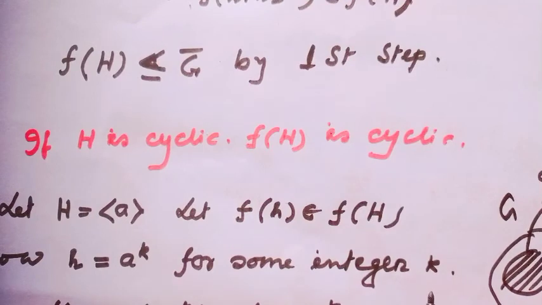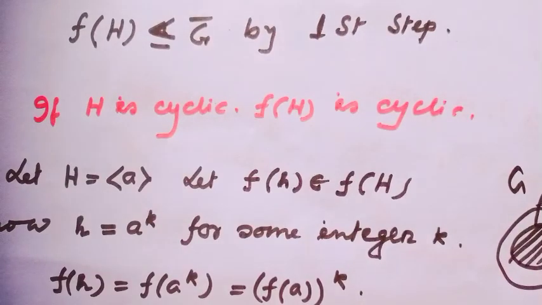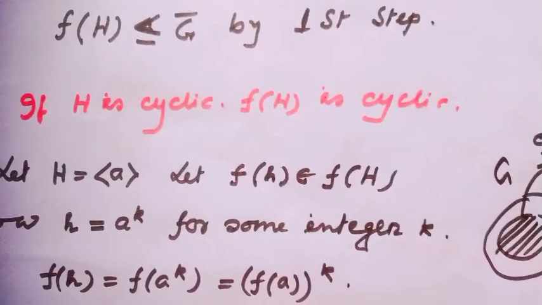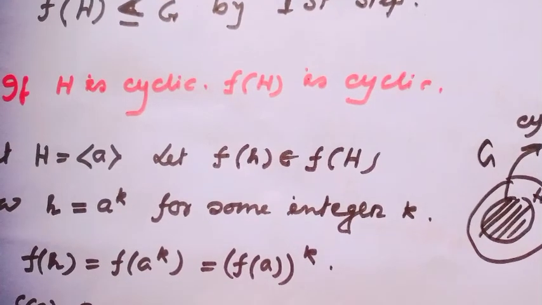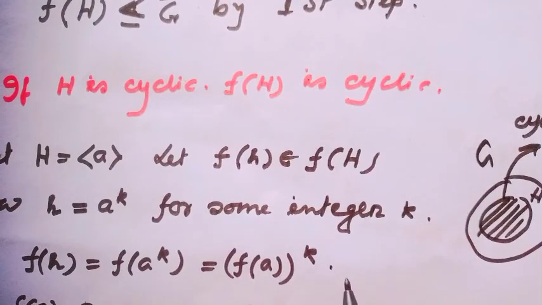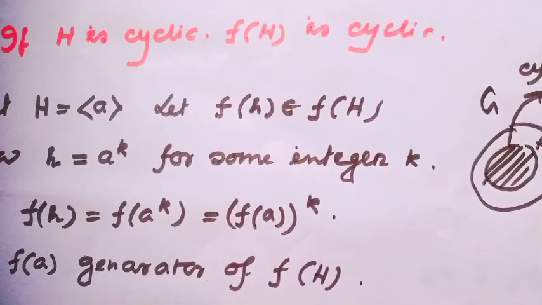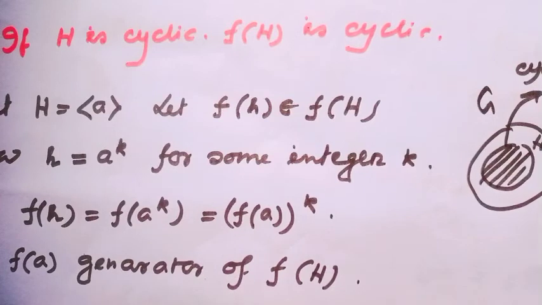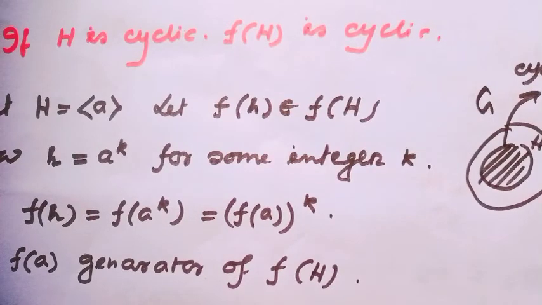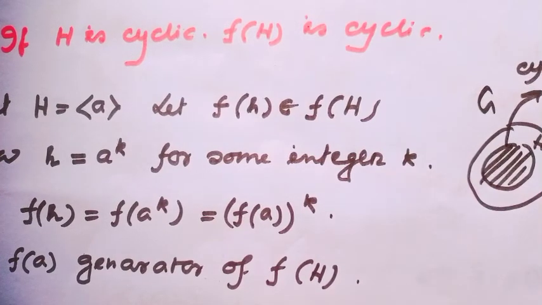That implies f of h is equal to f of a to the power k, and by the property of homomorphism, this is equal to f of a to the power k. Here f of a is the generator of f of H, so f of H must be a cyclic subgroup of G dash. Are you getting it?